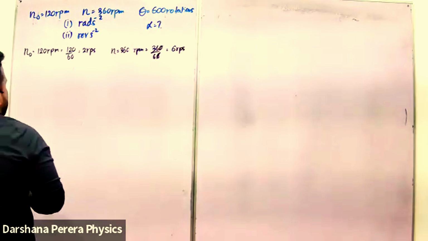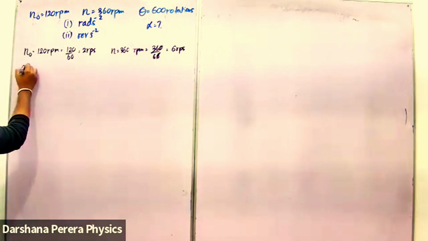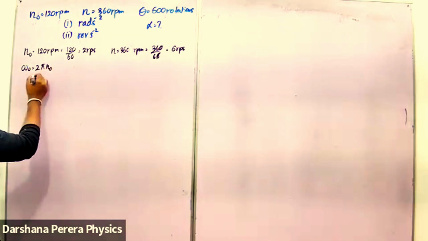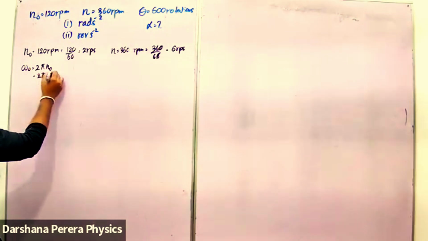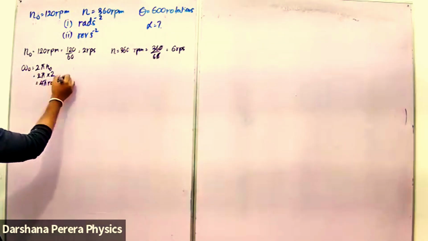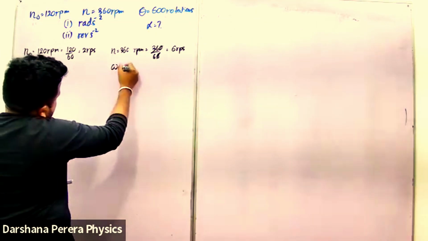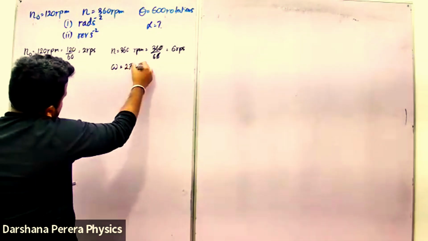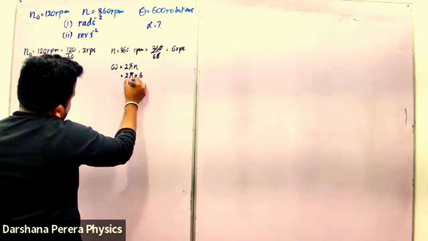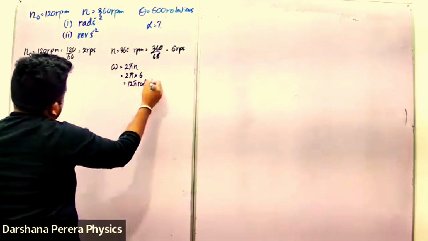Then omega naught equals 2 pi n naught, that means 2 pi into 2, 4 pi rad s minus 1. Omega equals 2 pi n, that means 2 pi into 6, 12 pi rad s minus 1.